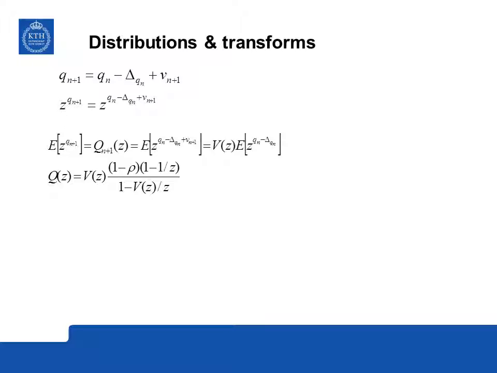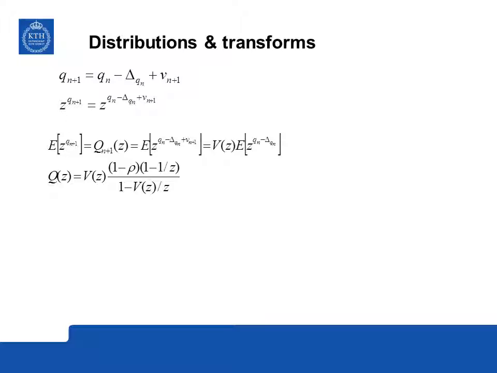So capital Q of z will be the z transform of the queue length, expressed in terms of V of z, which is the z transform of the number of customers arriving during a service interval.